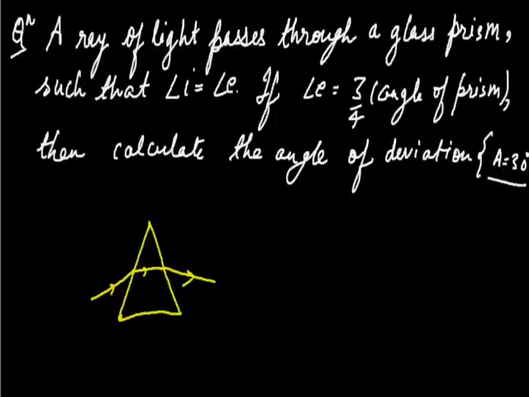And for the normals, let's use a different color. So the normal N, and here the normal is N dash. This angle is the angle of incidence, and this angle is the angle of emergence. And this question says that angle I is equal to angle E here.